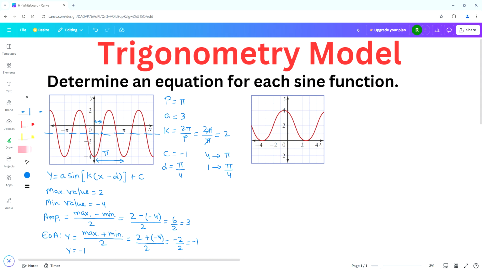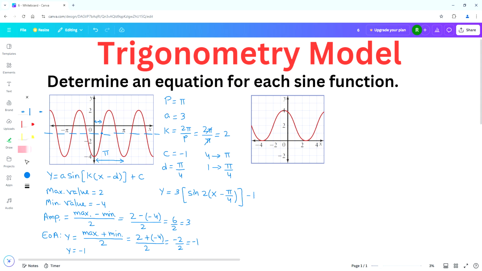Now we can use these values to write the equation for the sine function. This should be the final answer for the first graph.